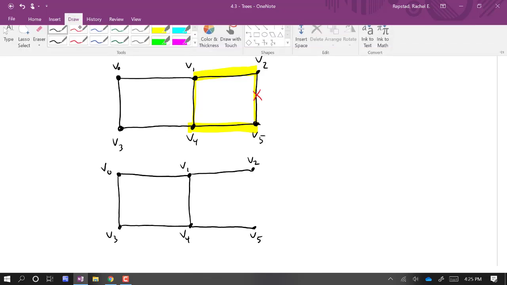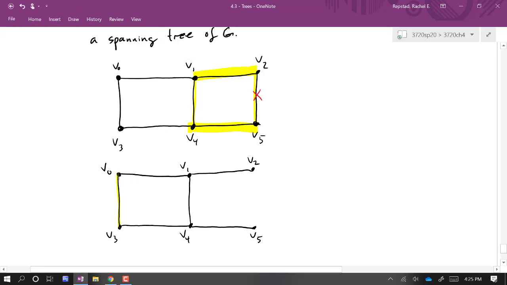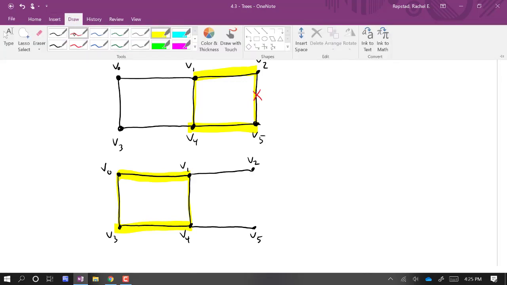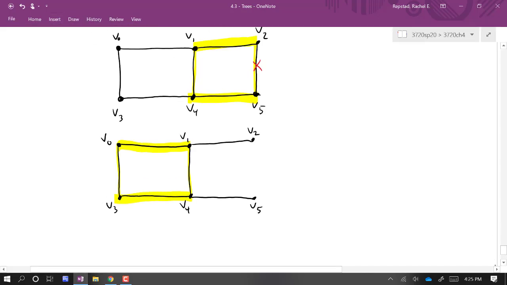Now I've got another cycle still. So I'm going to pick an edge in that cycle and get rid of it. Doesn't really matter which edge I pick. So let's say I pick this one from V3 to V4.